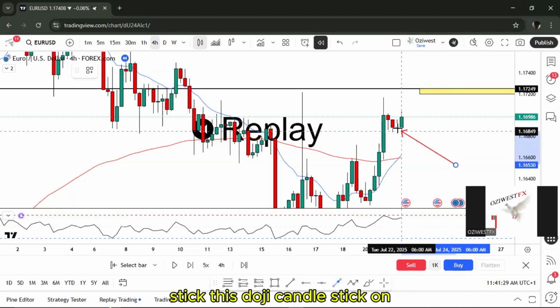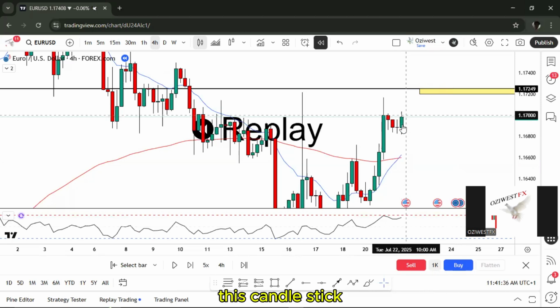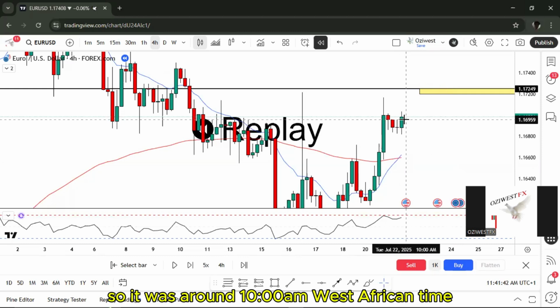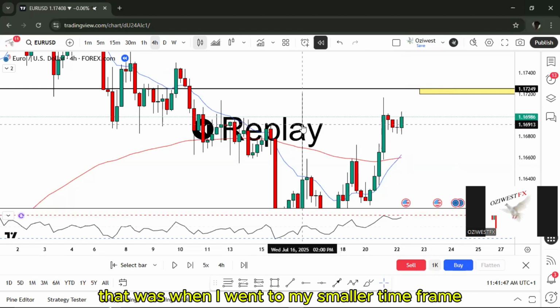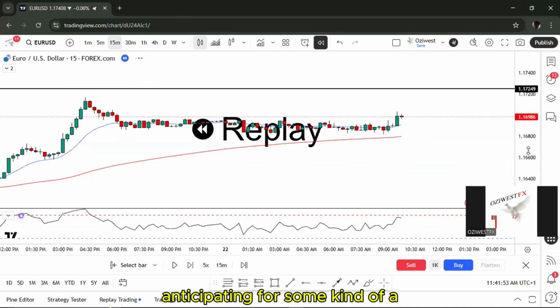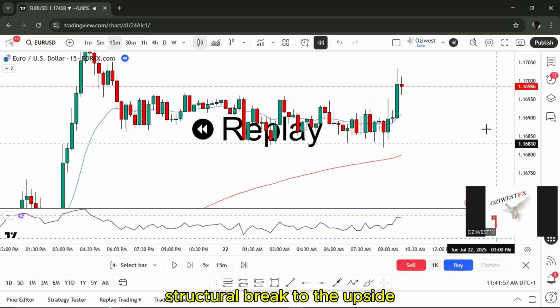candlestick, this doji candlestick. On seeing that, this candlestick opened around 6 a.m. and closed around 10 a.m. West African time. That was when I went to my smaller time frame to see what price was doing, anticipating some kind of a structural break to the upside.